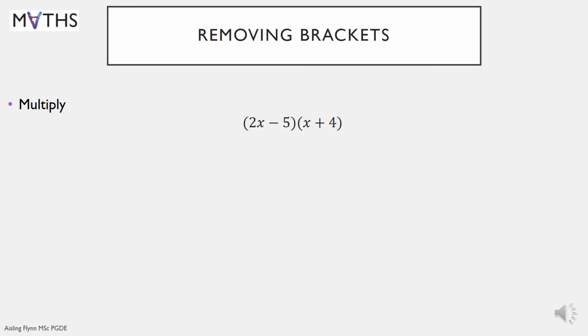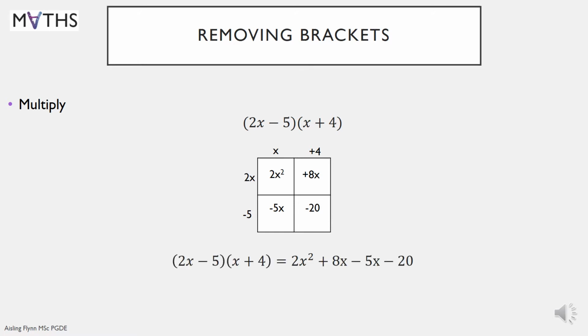So here we have another 2 by 2 multiplication. Use our 2 by 2 array, 2x minus 5 multiplied by x plus 4. We'll continue to put the results of our multiplications into the grid. So 2x squared, and 2x by 4 is 8x, minus 5 by x is minus 5x, and minus 5 by plus 4 is minus 20.